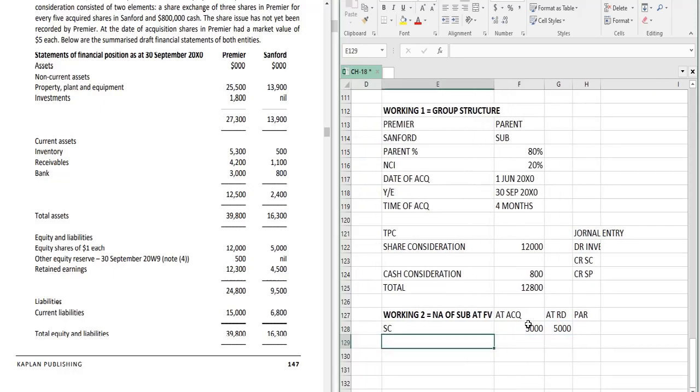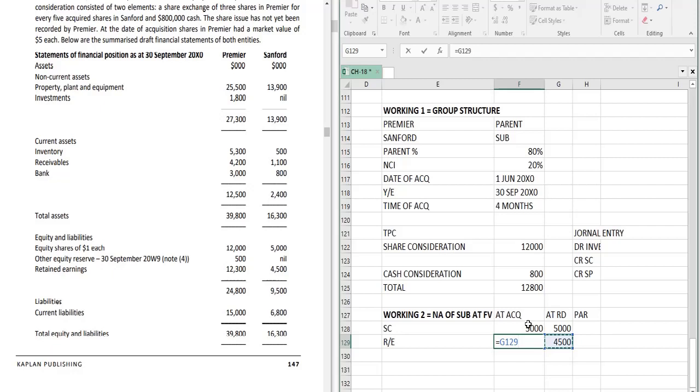Second is retained earnings. So 4500 is already given on the date of acquisition. So retained earnings at the date of acquisition we need to calculate. In the previous video I have also given the formula for the calculation of retained earnings at the date of acquisition, so you can go through the previous video and have a look at it.